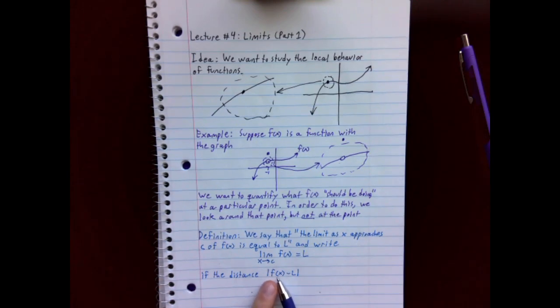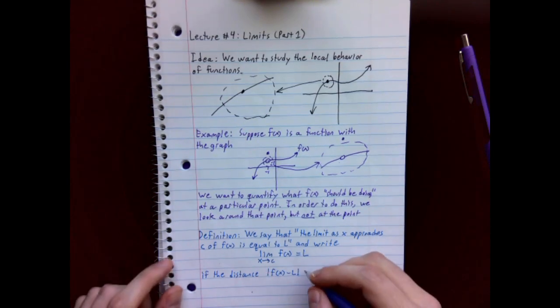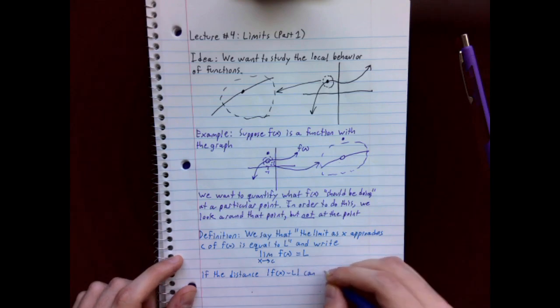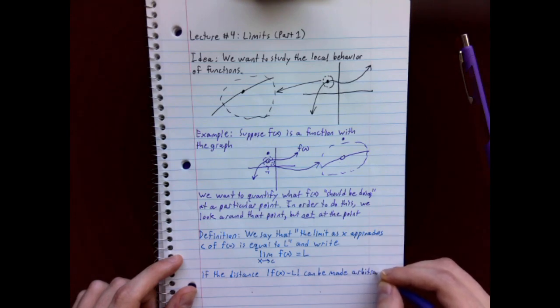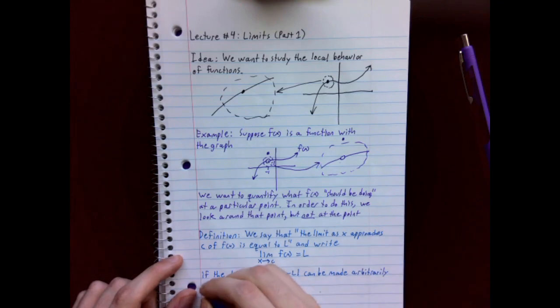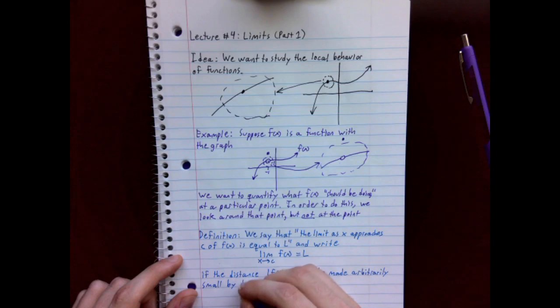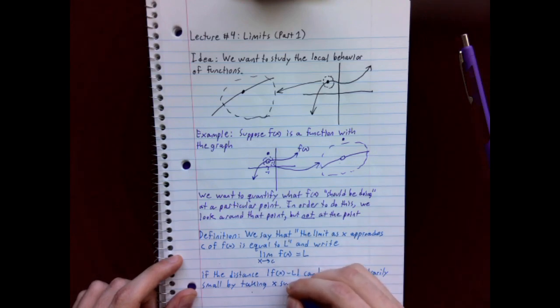So the distance between f of x and L, using this absolute value notation, can be made arbitrarily small, that is as small as we like, by taking x sufficiently close to C.